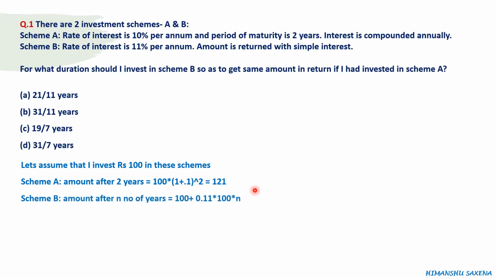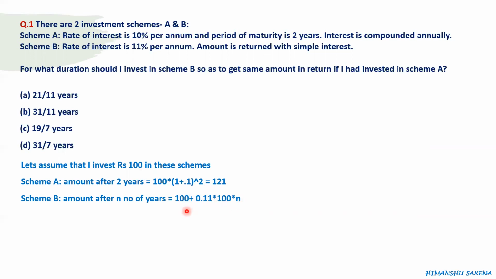Now in scheme B, how much amount will I get after n number of years? Let's say I invest in scheme B for n number of years to get the same return. In that case, the amount I'll get after n years is the principal amount 100 plus the rate of interest, which is 11%. So 11 by 100 is 0.11, into the principal amount of 100 rupees which we have assumed, into n number of years.